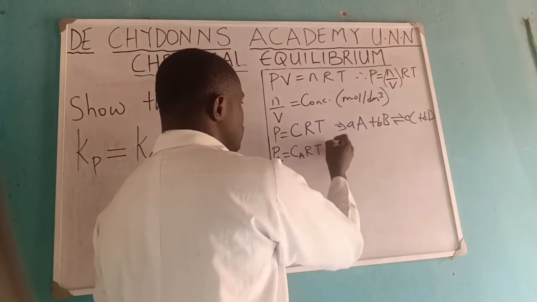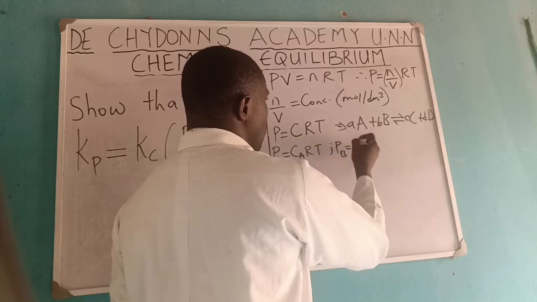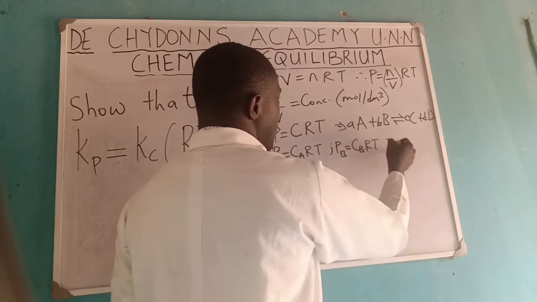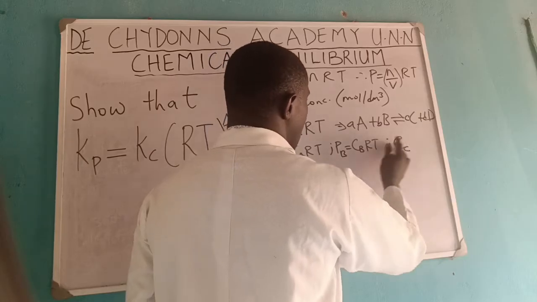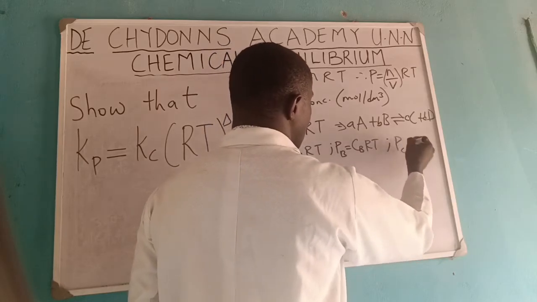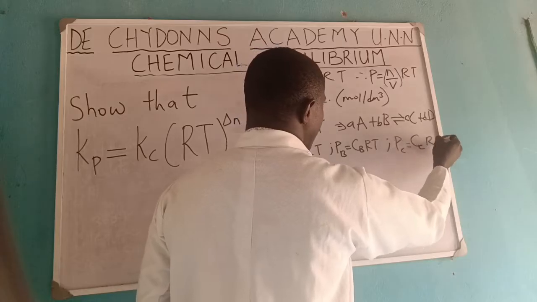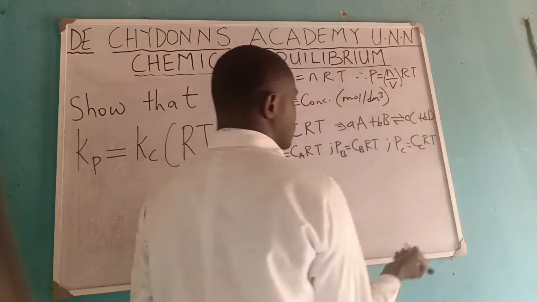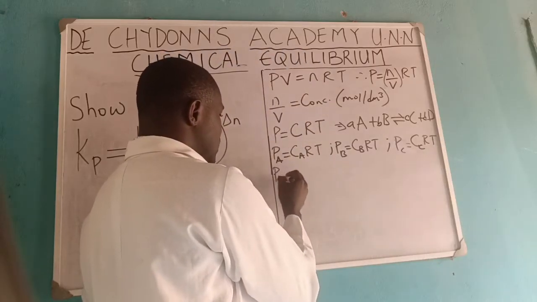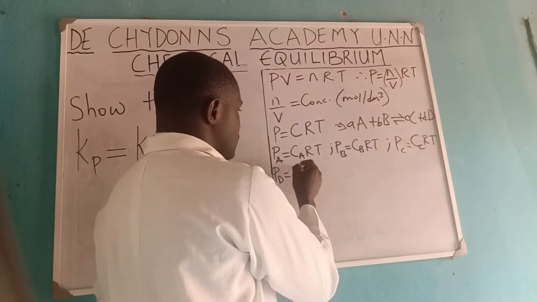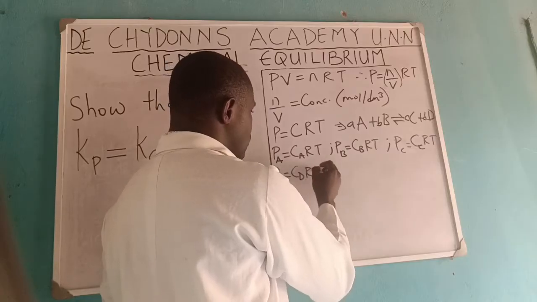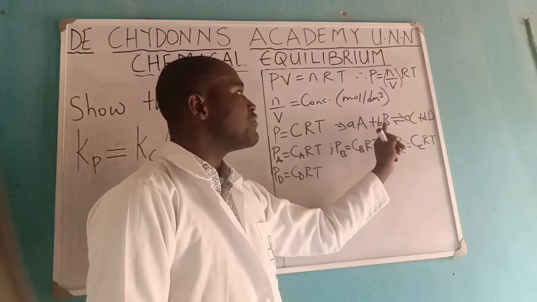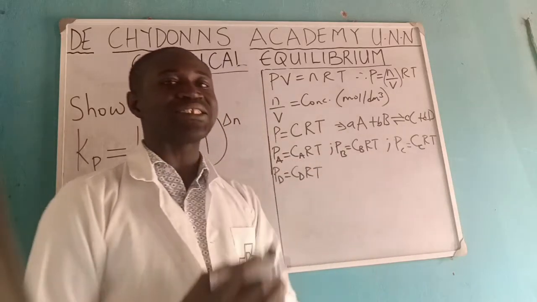Then PB will be equal to CBRT. Then PC equals CCRT. Then PD equals CDRT. That will be the partial pressures of each of these reactants and products in the system.